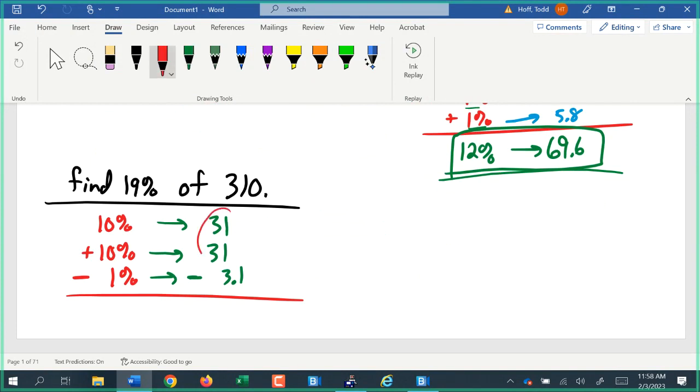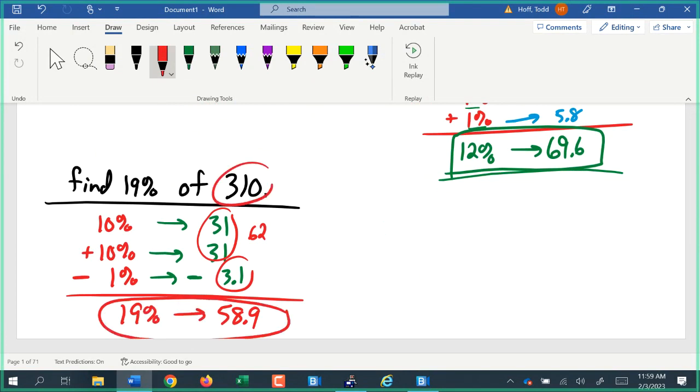So here, 31 and 31 makes 62. 62 minus 3.1 is 58.9. So 19% of that 310 is 58.9. So you can see these benchmarks are not only great as an estimating tool to estimate our answer before we punch it in the calculator, but it's also a way to actually calculate exactly some of these basic percents.